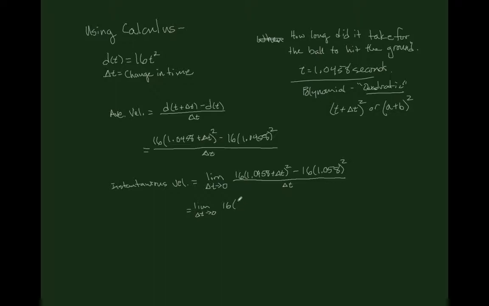I'm not going to go through the foiling in detail. The word foil may bring back memories of algebra for those that have had it at some point in their lives. But what I'm going to do is just FOIL this polynomial.